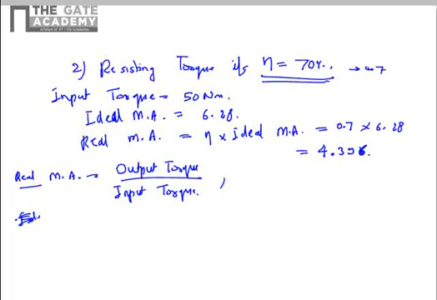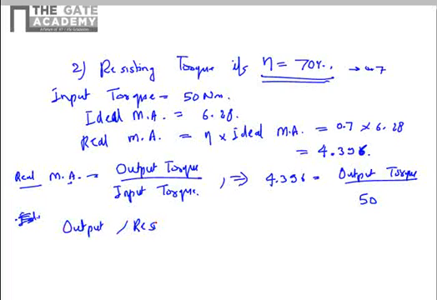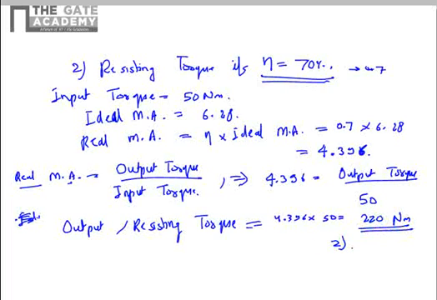If you substitute the values, you substitute the value of 4.396; the output torque is unknown, and the input torque is 50 Newton meter. So the output or resisting torque is equal to 4.396 multiplied by 50, around 220 Newton meters. So this is the answer for part 2.